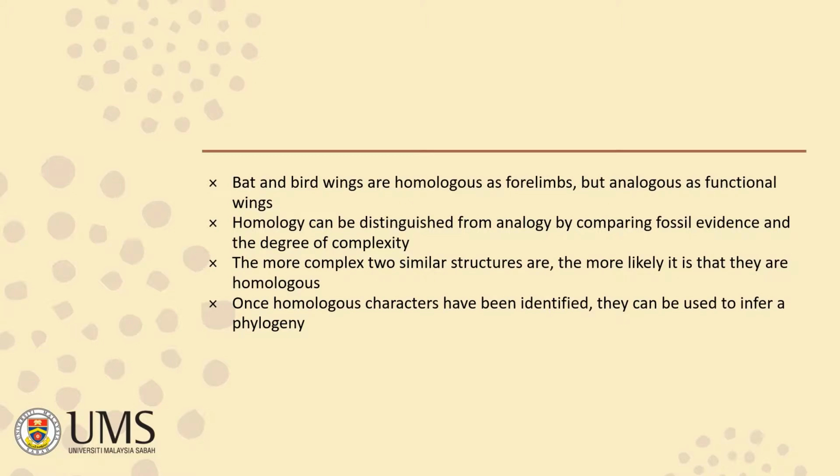It is more complex. Even though a bat has wings and a bird also has wings, these two do not belong together. Bat is not a bird, bird is not a mammal. Bat is a mammal, it's not a bird, even though it has wings.